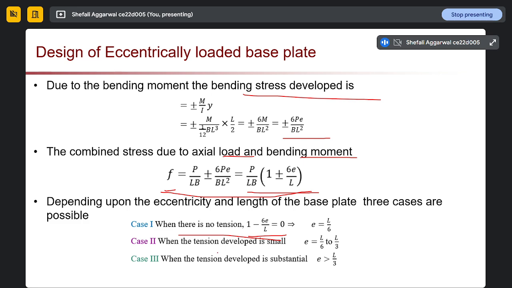Second case is when the tension developed is small, then our eccentricity is from L upon 6 to L upon 3. And when the tension developed is quite substantial, then our E value will be greater than L by 3.